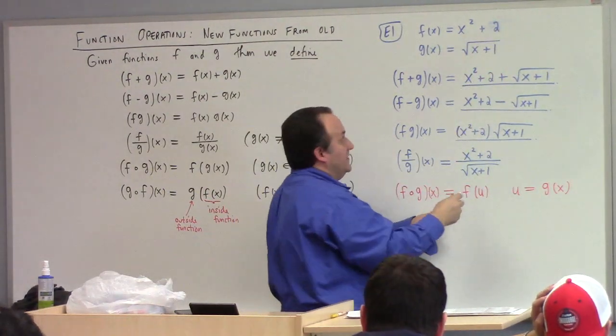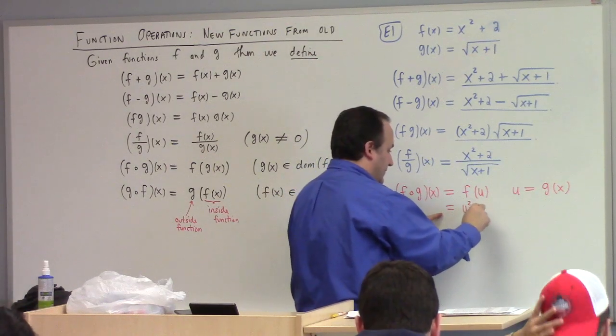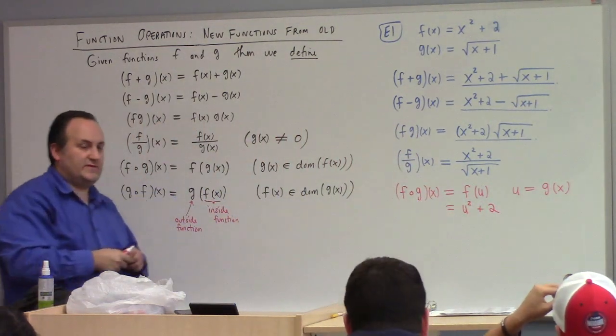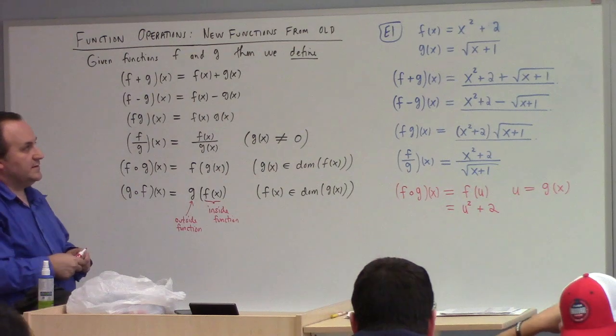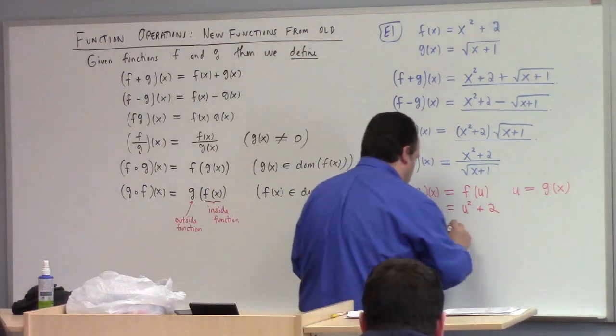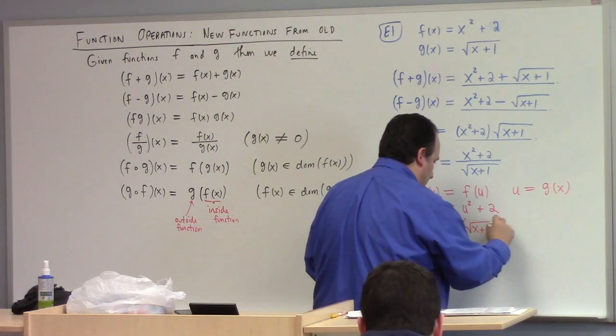See that? f of u is u squared plus 2, right? But what is g of x here? The square root of x plus 1, right? So this is literally the square root of x plus 1, quantity squared, plus 2.